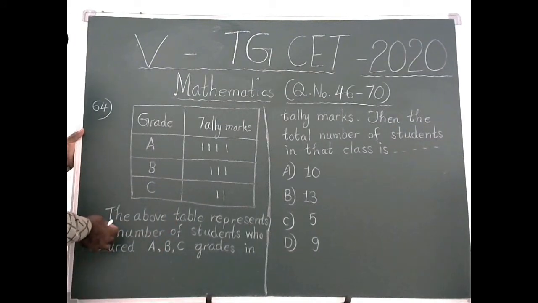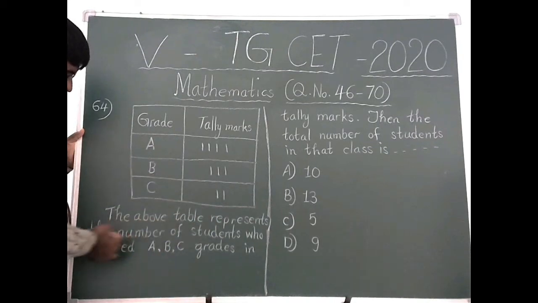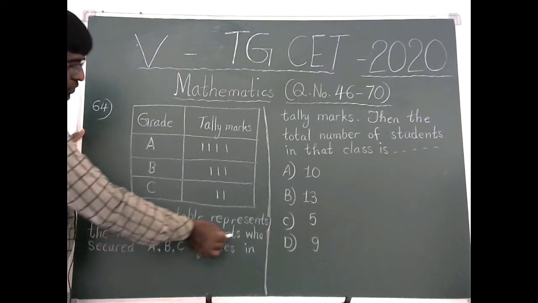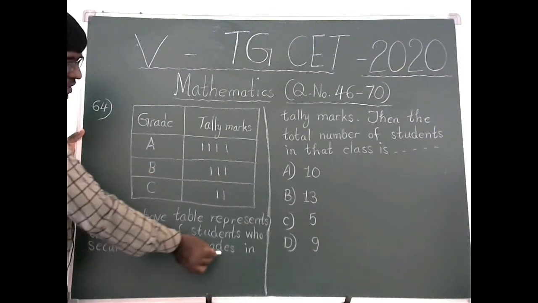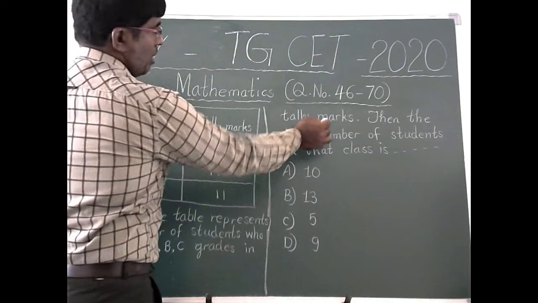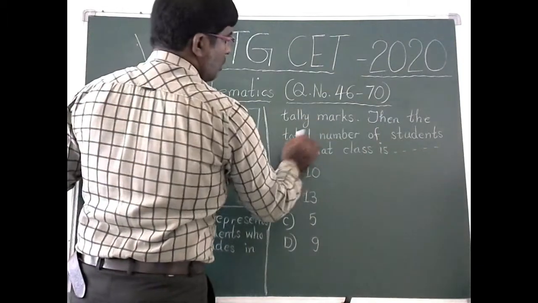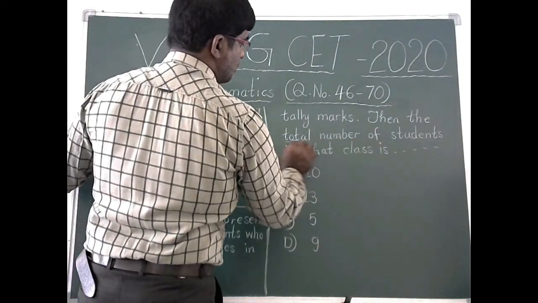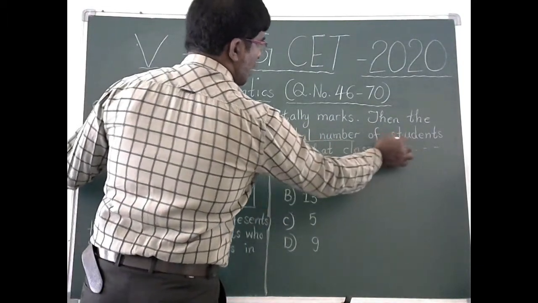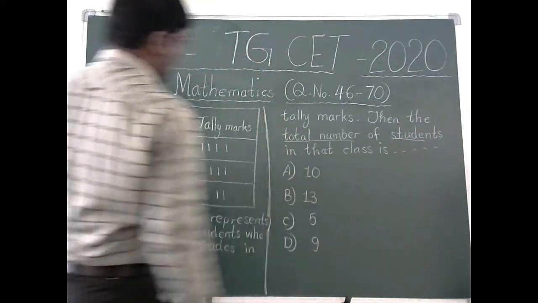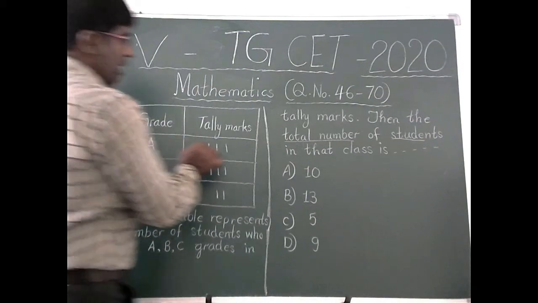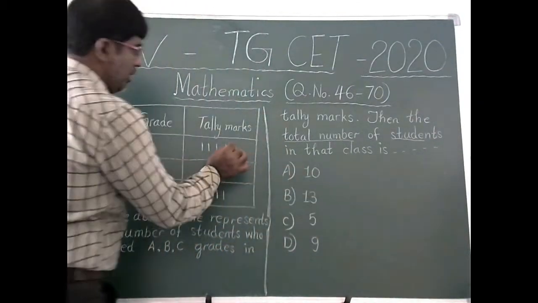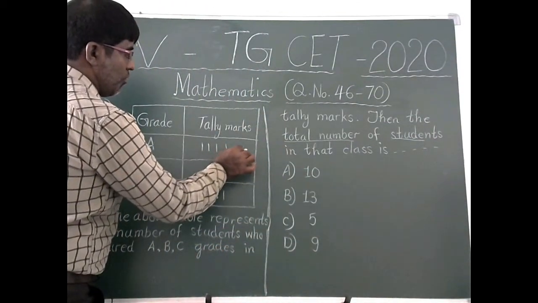The question: the above table represents the number of students who secured A, B, C grades in tally marks. Then what is the total number of students in that class? For grade A, 4.